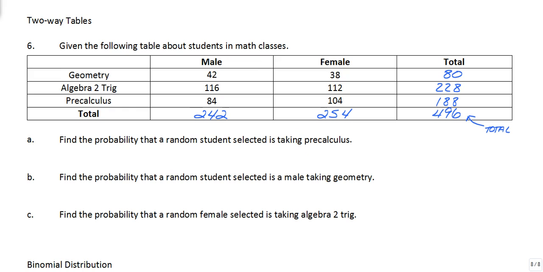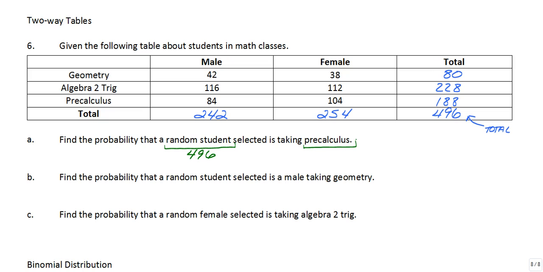So what we're going to do is first realize that this is talking about a random student. It's talking about any random student. And there are 496 of those. But then we want to know if they're taking pre-calculus. This does not say a male in pre-calc or a female in. This is all pre-calc students.